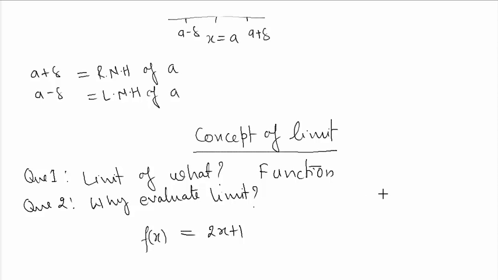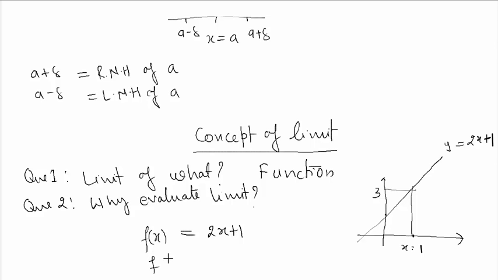If we plot this, at x equal to 0 it comes out to be 1, and y is equal to 2x plus 1. At x equal to 1, we have the value of the function as 3. You can say for 1 it is 2 into 1 plus 1, that is 3.